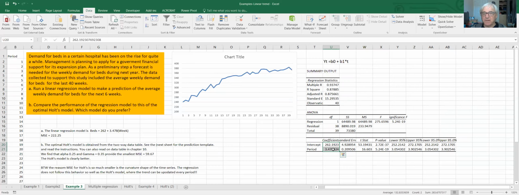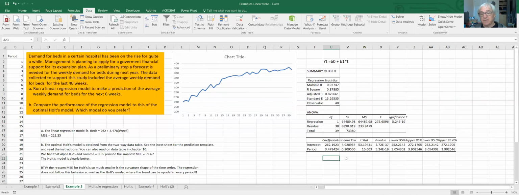It tells you that on the average, the increase in demand for beds per month is 3.47. That's based on the model, but the only thing is to test to see if this is a reliable number.